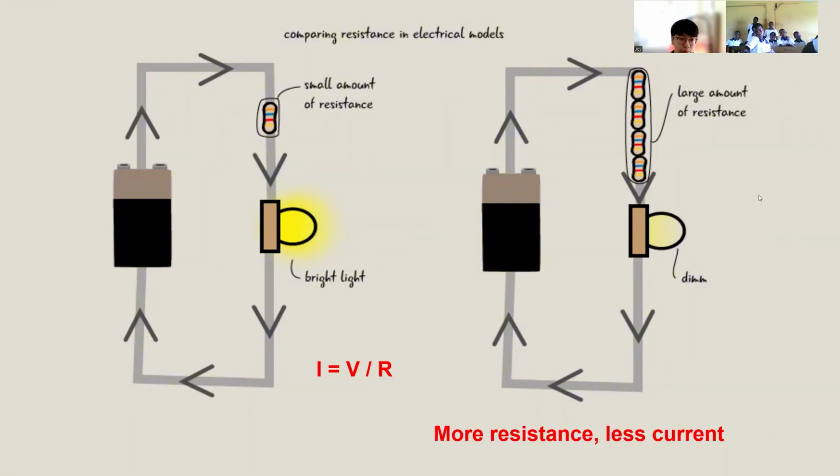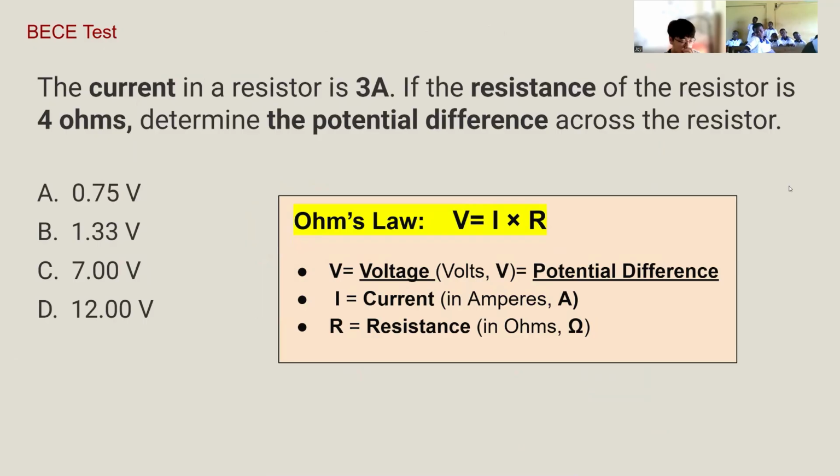Okay, let's move on to this question. Let's solve this question together. The current in a resistor is 3 amperes. The resistance of the resistor is 4 ohms. Determine the potential difference across the resistor.